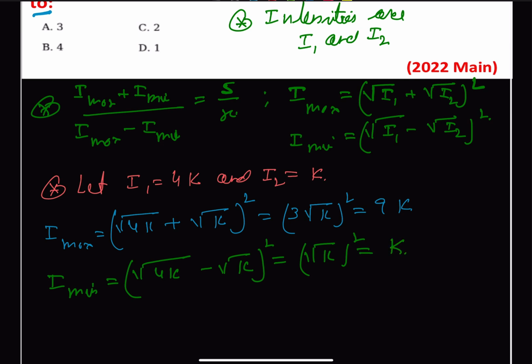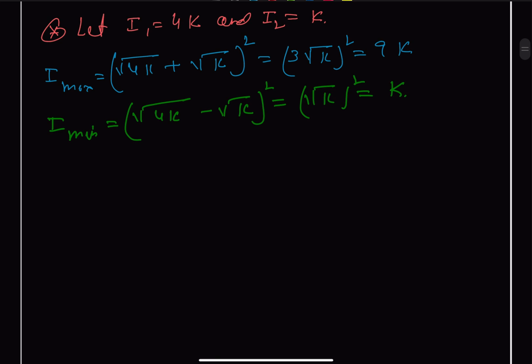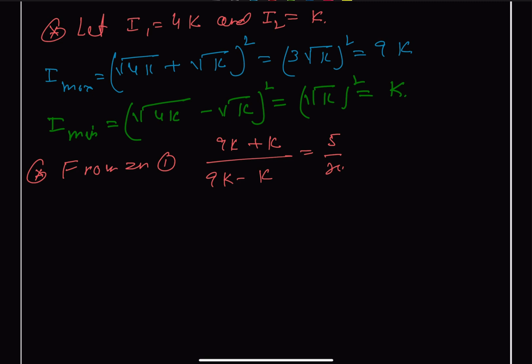And we can substitute it in this equation. Let us call this as equation number 1. So from equation 1, we have I max plus I min, that is 9k plus k, upon 9k minus k is equal to 5 upon x, that is given to us.